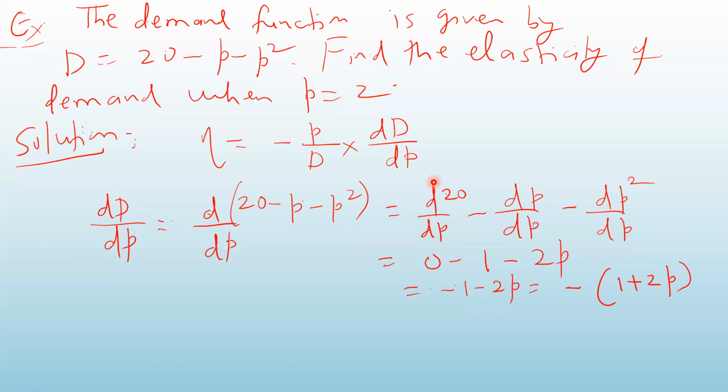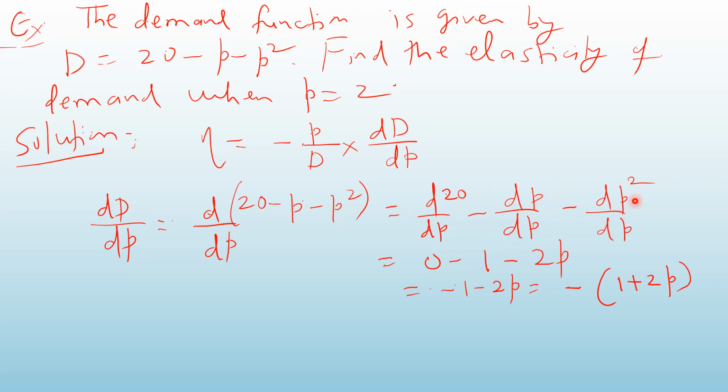See here, derivative of D with respect to P. D is given to you as 20 minus P minus P square. So in place of D, I'm writing this. Now apply your addition subtraction rule. So derivative of 20 minus derivative of P minus derivative of P square. 20 is a constant, so its derivative is 0. Derivative of P with respect to P is 1.